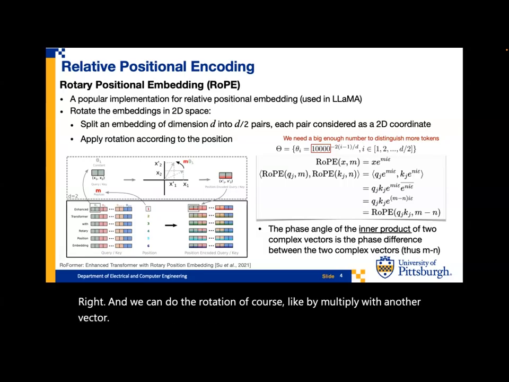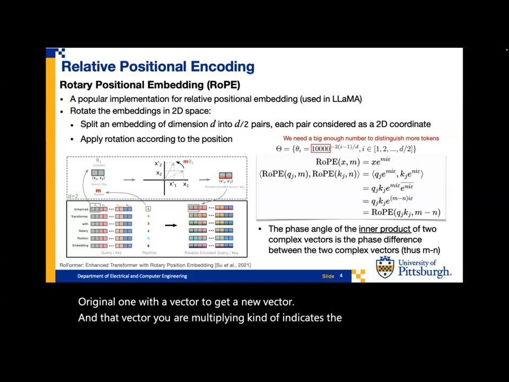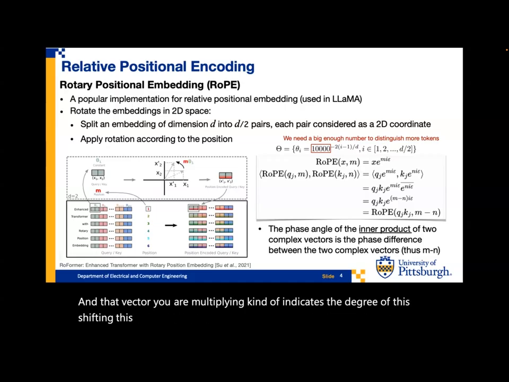So you can multiply the original one with a vector to get a new vector, and that vector you're multiplying indicates the degree of this rotation. Does that make sense?